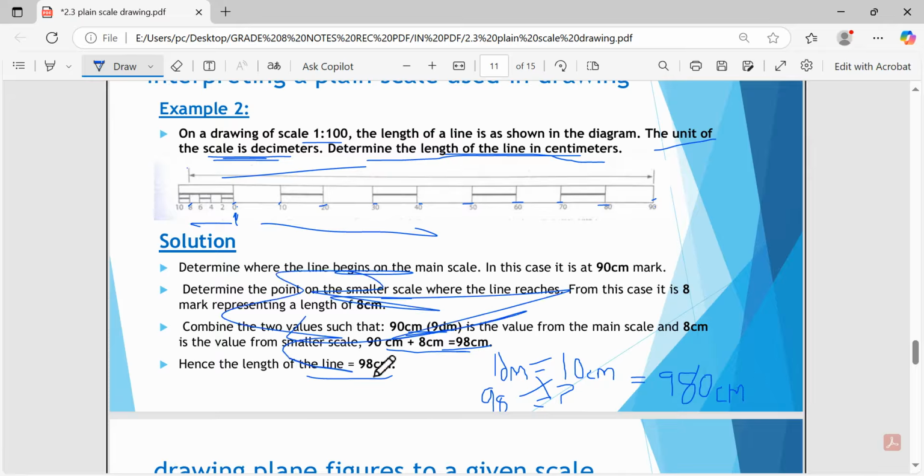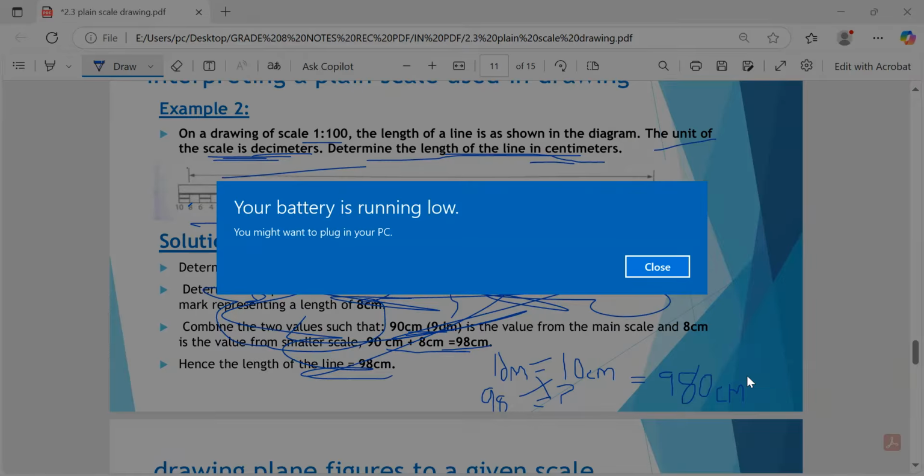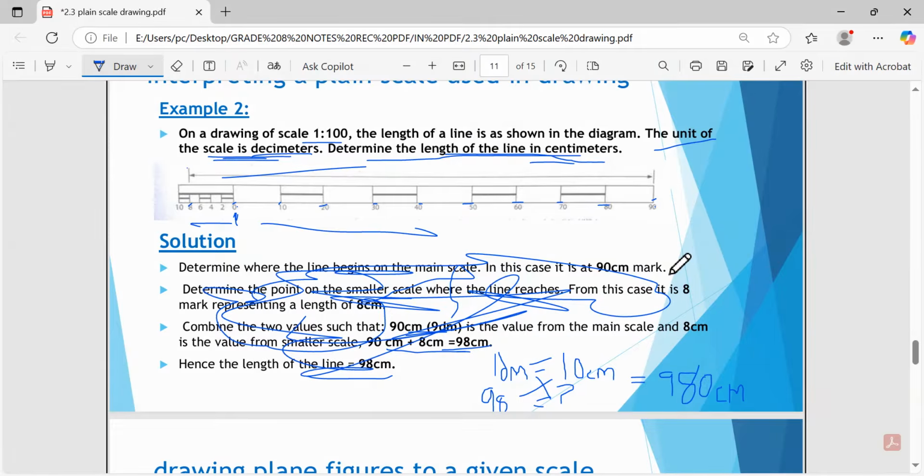You'll have to forgive me, I had a bit of a challenge with that. From the 0 point to that point is 90, and then if you head this side, this is 98 decimeters, and you convert that to centimeters: 1 decimeter is equal to 10 centimeters, so 98 decimeters gives you 980 centimeters. Sorry for that.